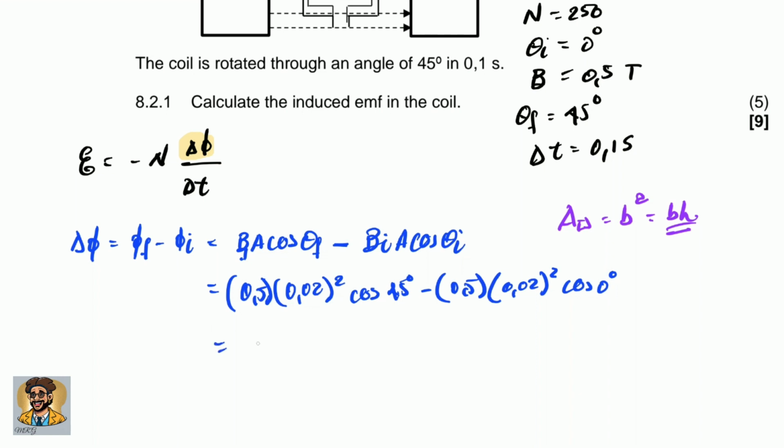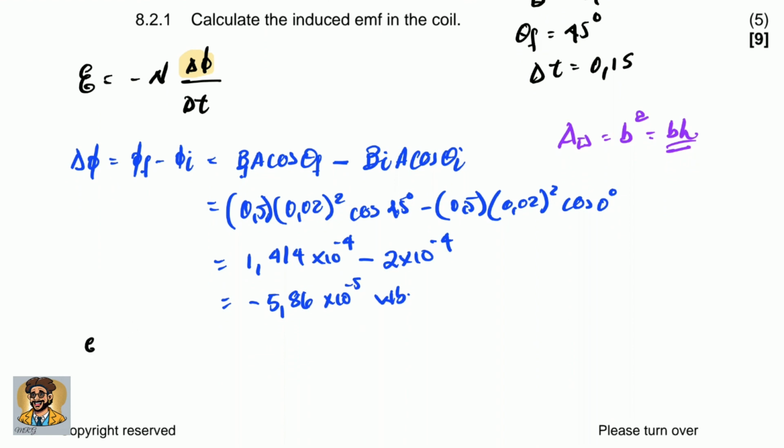So this one will be 1.414 times 10 to the minus 4 minus 2 times 10 to the minus 4. We get minus 5.86 times 10 to the minus 5 Weber. Now we substitute in there.